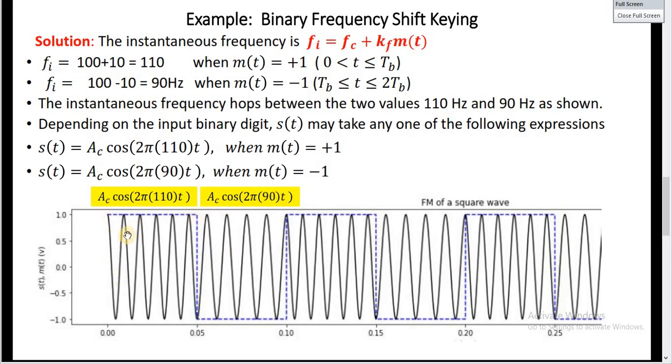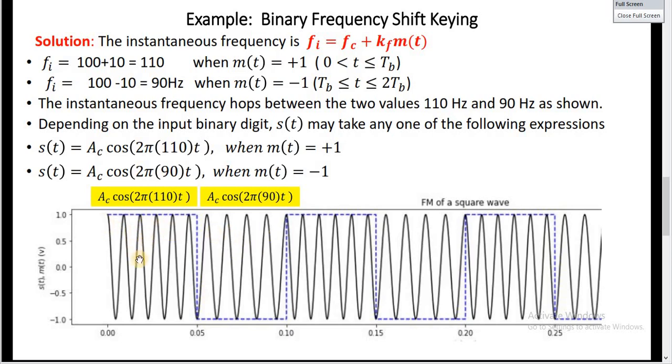So this is our transmitted signal. It's a sinusoidal signal with constant amplitude. However, the frequency of the signal over this time period is different from the frequency of the signal during this time period.